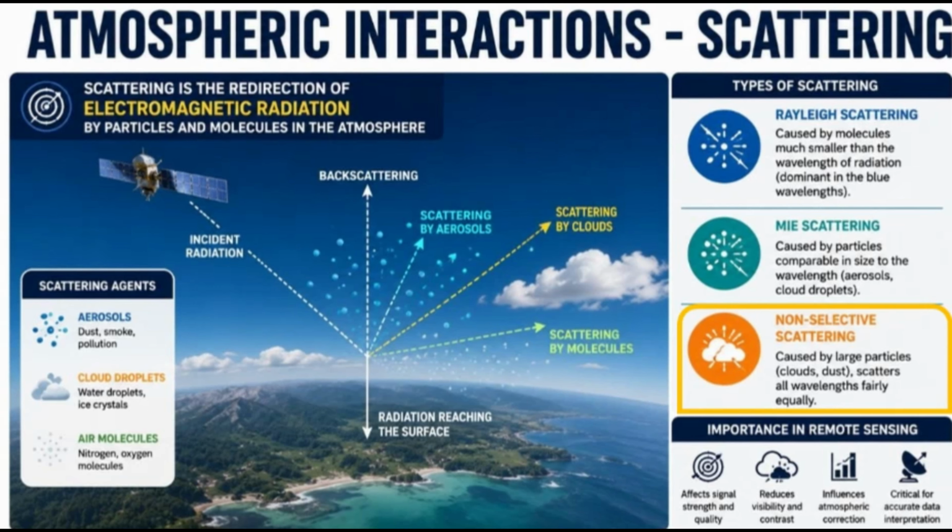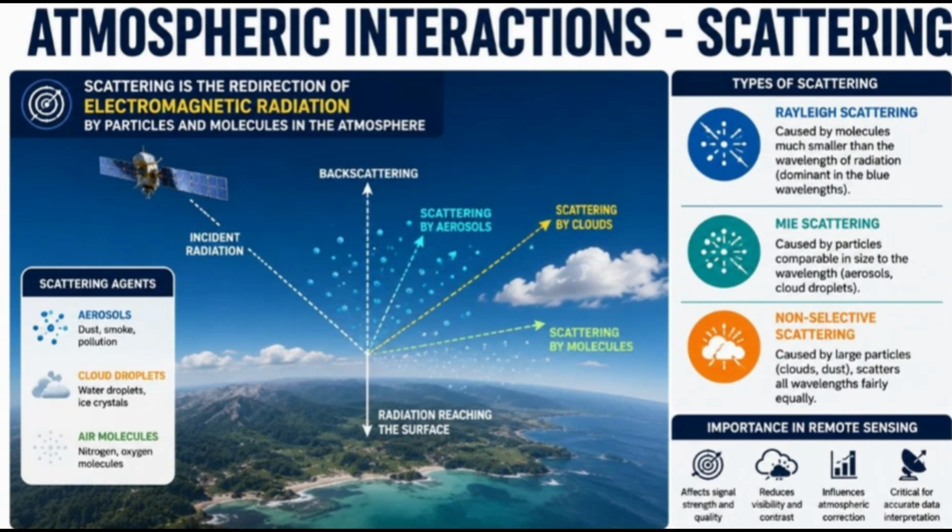And after the Mie scattering, we have the non-selective scattering. This is caused by large particles, majorly clouds and dusts. These particles scatter all wavelengths fairly equally. Why is scattering important in remote sensing?